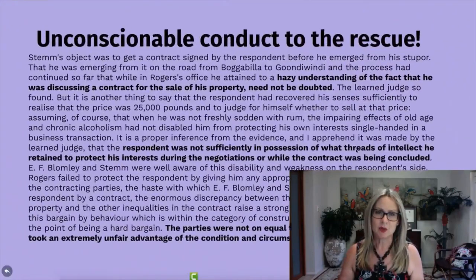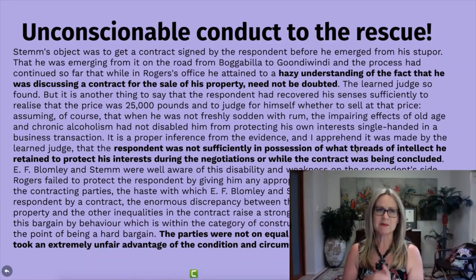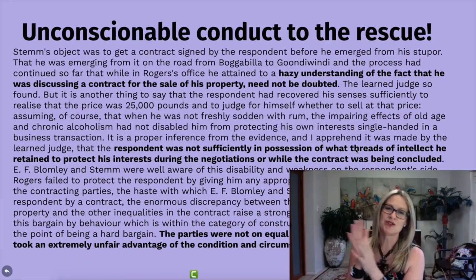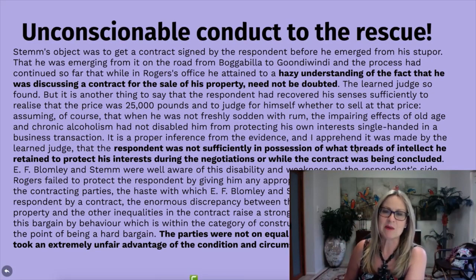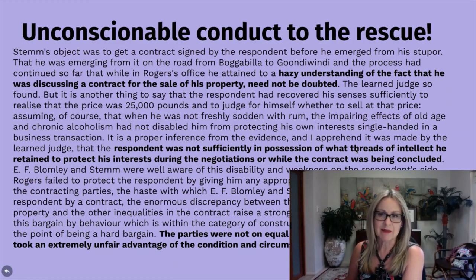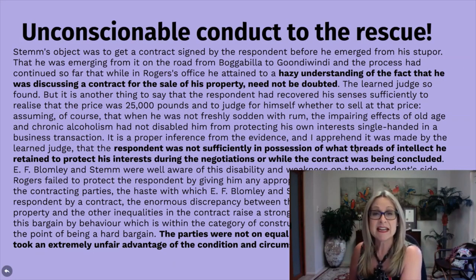And what they said was, Stem's object was to get a contract signed by the respondent before he emerged from his stupor. That he was emerging from it on the road from Boggabilla to Gundawindi, and the process had continued so far that in Rogers' office, Rogers was his solicitor, he attained a hazy understanding of the fact that he was discussing a contract for the sale of his property need not be doubted. The learned judge so found.